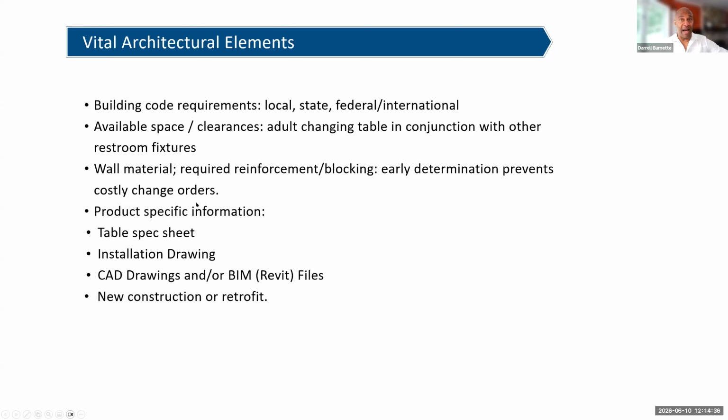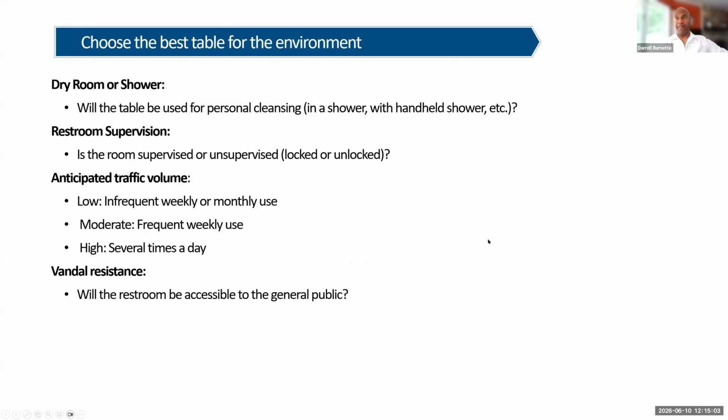Sometimes electrical outlets, GFCI is required. The specification of the table, spaces that you need, the footprint of the table, because there are different sizes and different footprints. Most architects enjoy the CAD drawings. That really helps. And also, is it new construction or retrofit? So these are things just to get the ball rolling on getting everything going.